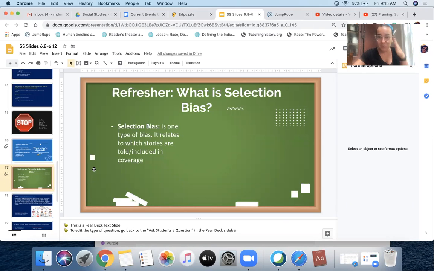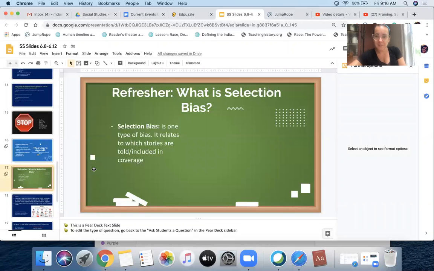To understand selection bias, one really easy way is to think about if I was sending an email at the end of the year, or talking to your parents, and I was going to tell a handful of stories that came up over the year. If I had a selection bias pointed negatively towards you, maybe in class you normally do your work, you're normally following expectations, but there were 3 times during the year when you weren't, and I had to redirect you and you were really off task.